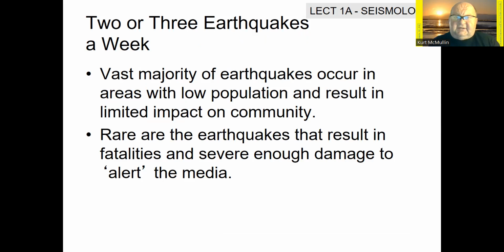The reality is the vast majority of them occur in areas with relatively low populations or in the oceans or in deserts and result in very limited impact on any community. In reality, it's quite rare that earthquakes result in fatalities and severe enough damage to actually alert the media and to have something that actually comes into the news.